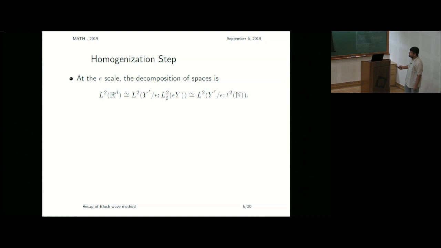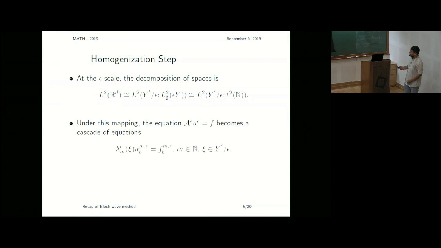And using the Bloch eigenvalues and the Bloch eigenfunctions, we can define the Bloch transform once more. Using the Bloch transform, our original equation, A epsilon u epsilon equals f, transforms into this sequence of equations, in the notation of Professor Muthukumar.